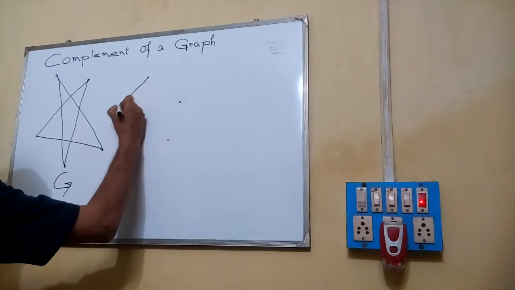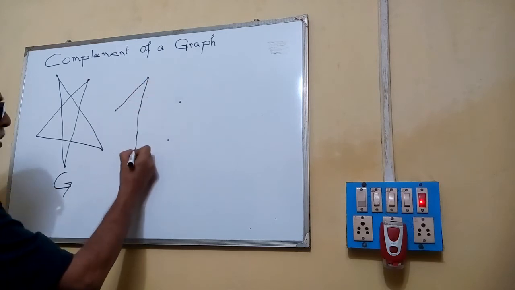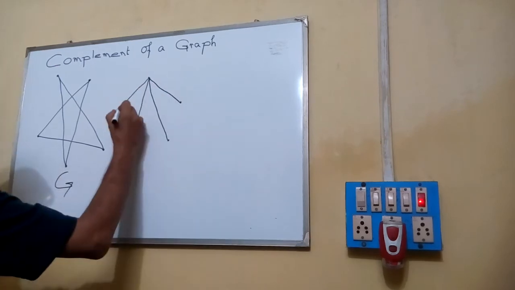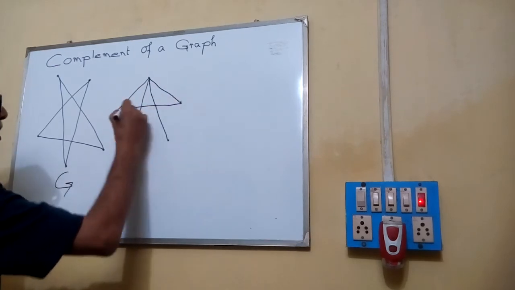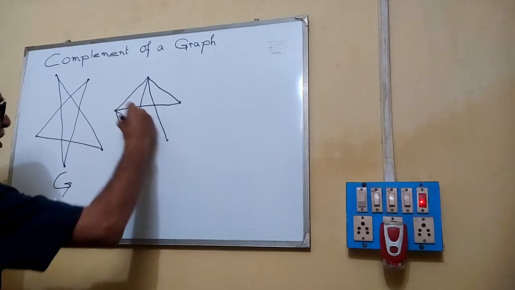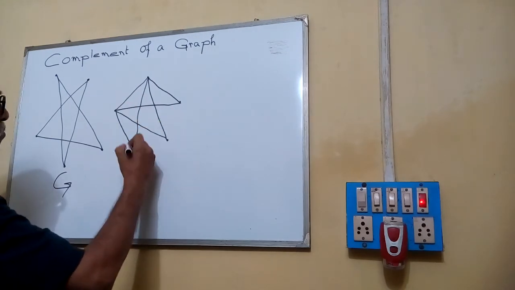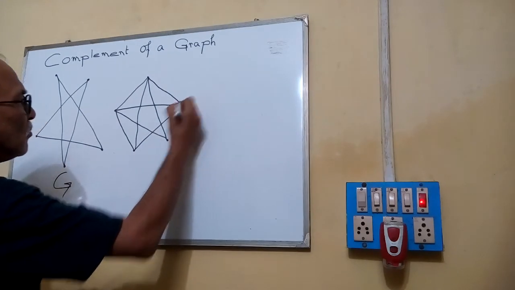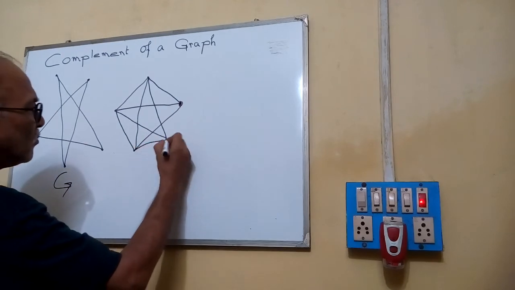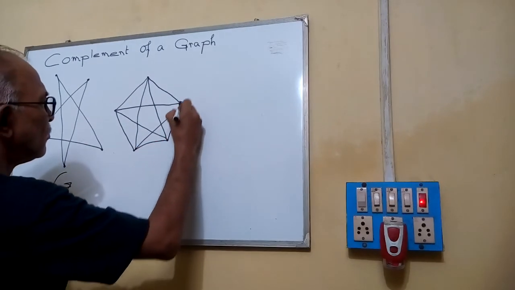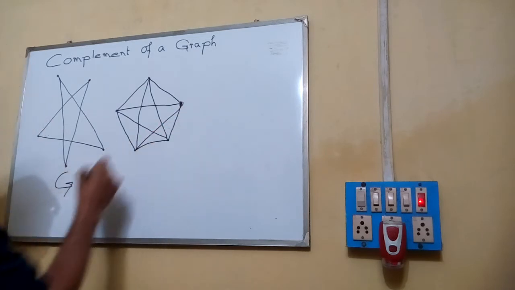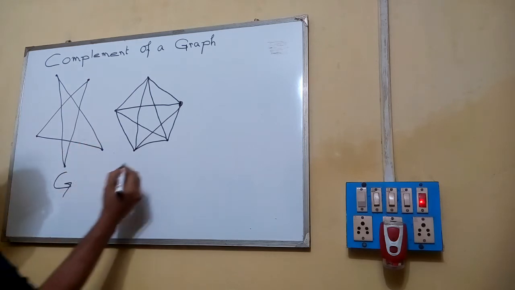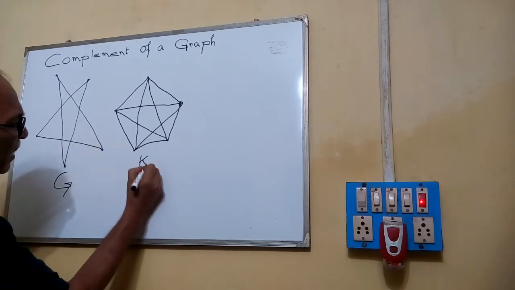You know the meaning of complete graph, that from each vertex there is an edge to all other vertices. So this is a complete graph of 5 vertices denoted by K5.